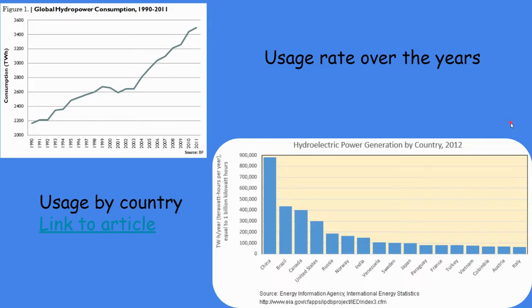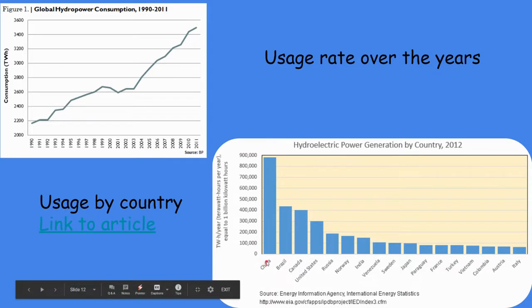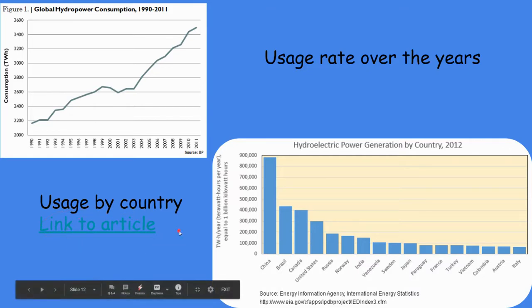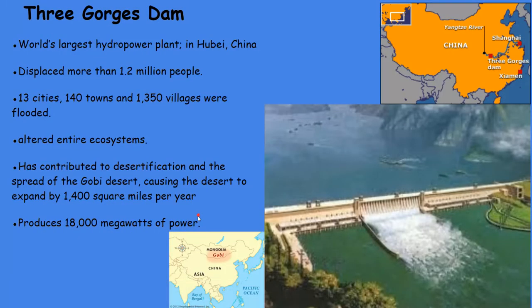If we're looking at the usage rate over the years, global hydropower consumption has gone up. In China, hydroelectric power generation is a lot, a lot, a lot. If you wanted to read more, you can take a look at this article. Perhaps the most famous, the largest dam that was built is the Three Gorges Dam, the world's largest hydropower plant in China.